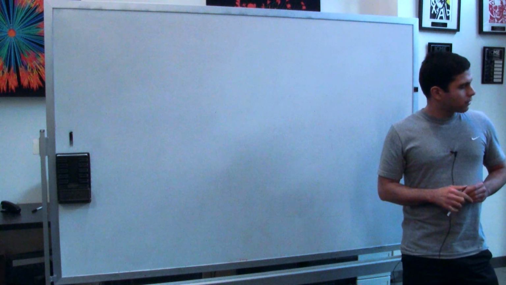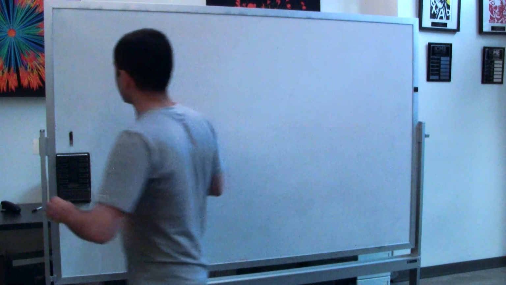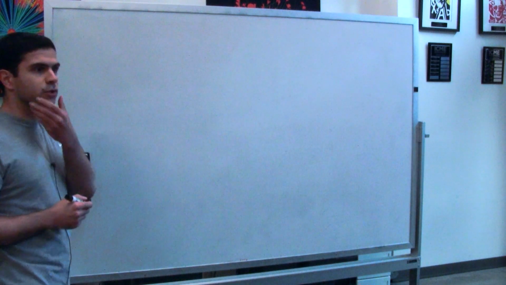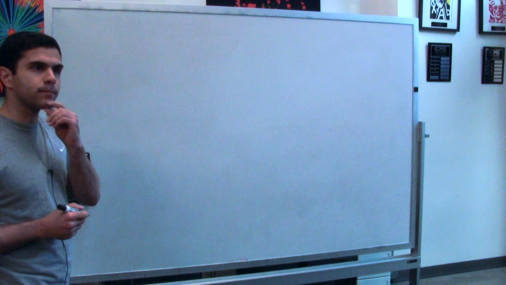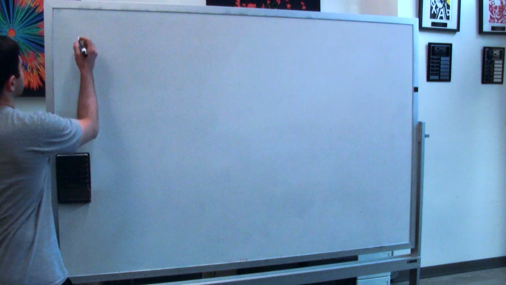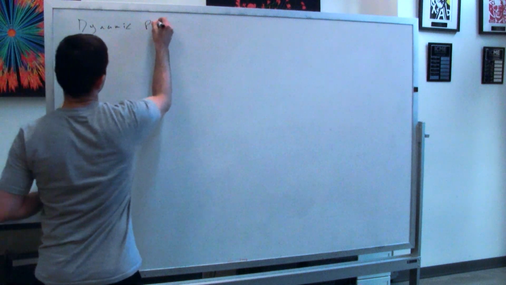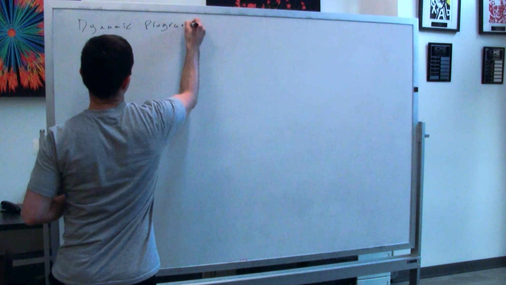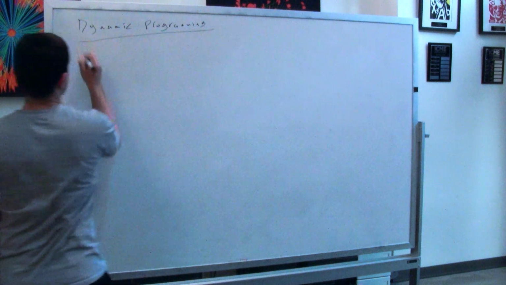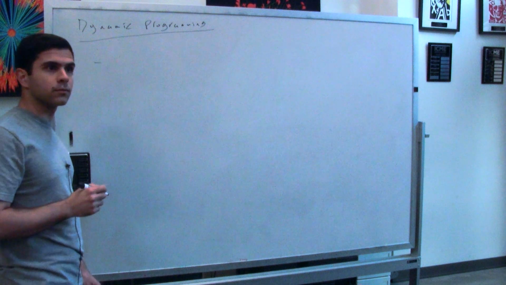So the recipe for a dynamic programming solution usually is, again, too abstract, but it's worth writing down. So the first step in any dynamic programming solution is to come up with recursive substructure.